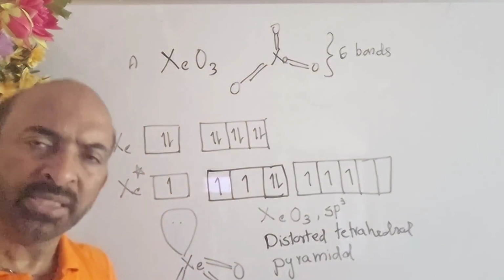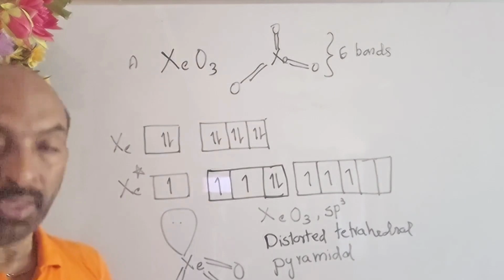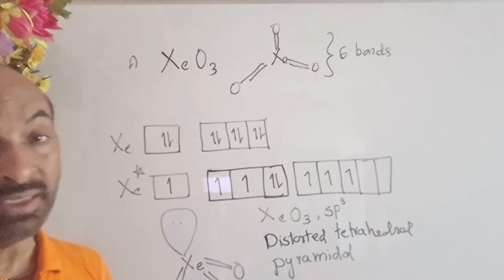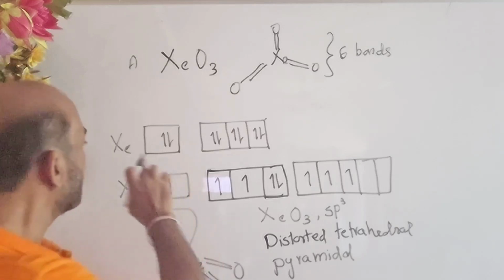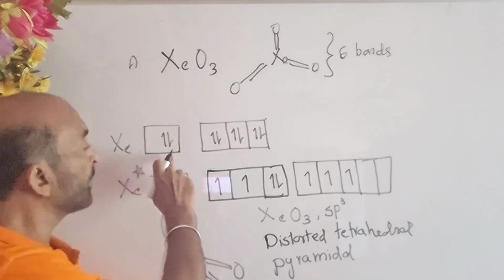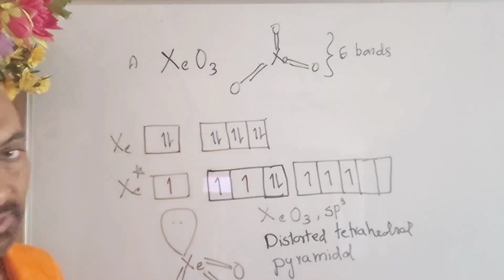To form 6 bonds, there must be 6 unpaired electrons. And we know, being a noble gas atom, xenon doesn't have any unpaired electron. Its valence electronic configuration in the ground state is 5s2, 5p6. No unpaired electron is there, isn't it?